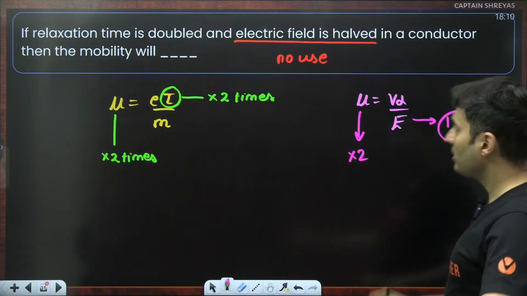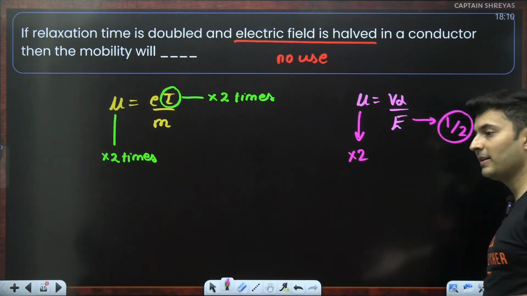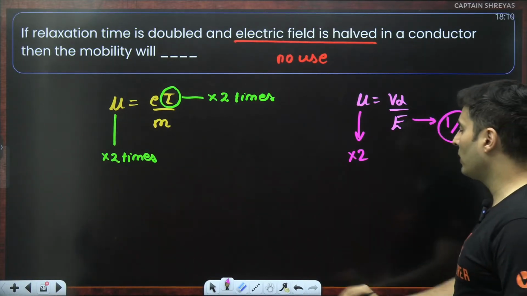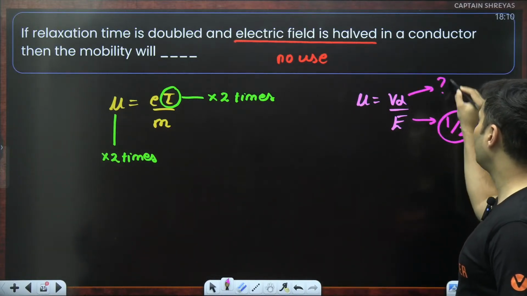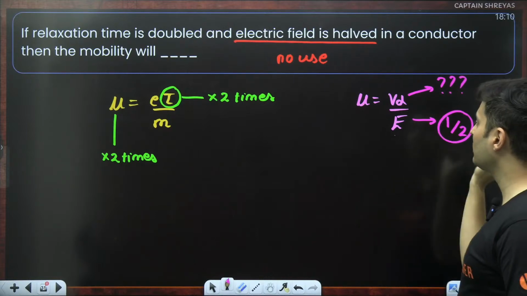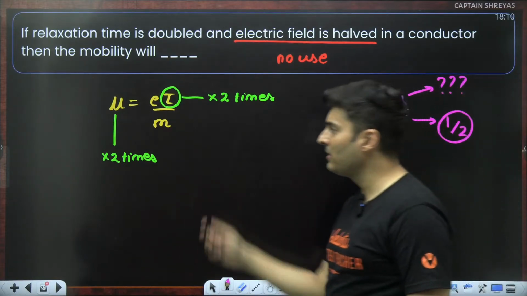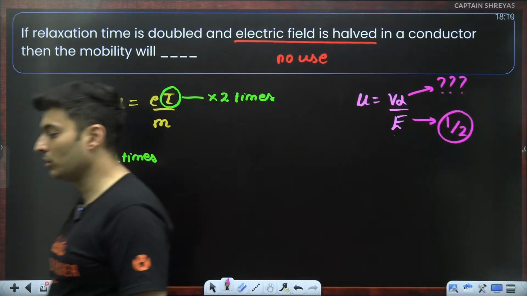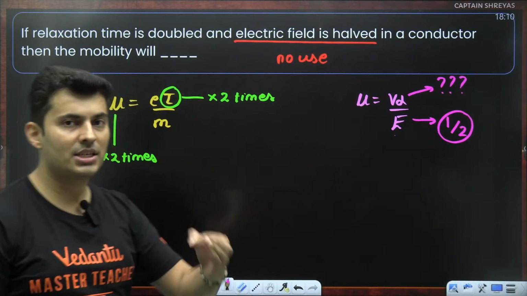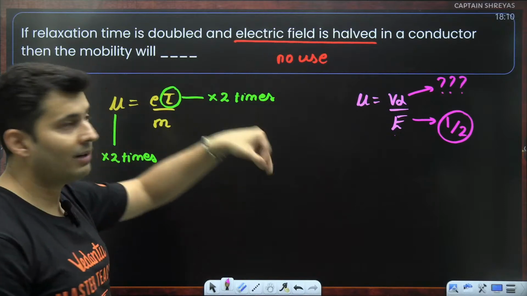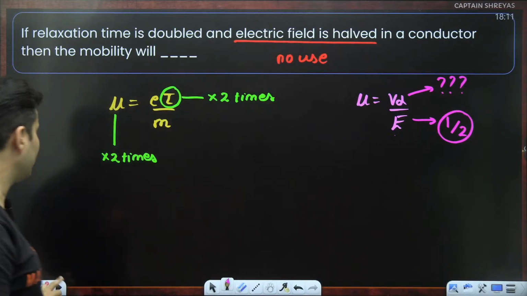That is wrong because you do not know what will happen to the drift speed. Will it stay same or not? We do not know that. What happens to the drift speed is not even mentioned, or you have to calculate it via some other way. So this is not the right method to do this problem. This is the correct method. Keep that in mind.